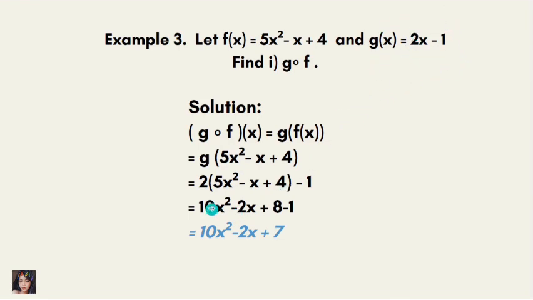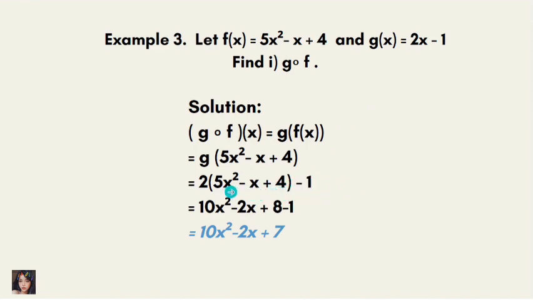As you can see, we have the 2, and we replace the x with 5x squared minus x plus 4. So 2 we have here, and for the value of x, we replace it with 5x squared minus x plus 4. And then copy the minus 1.